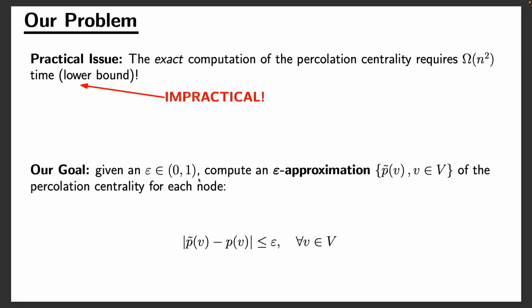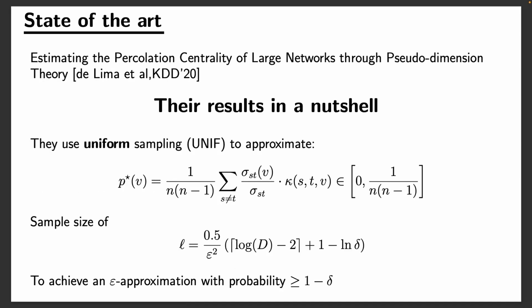Given an epsilon value between 0 and 1, which you can see as an accuracy parameter, we want to compute an epsilon approximation for each node in the network. An epsilon approximation of the percolation centrality is defined as a p tilde of v for each node v in the network, such that the error of the approximation is at most epsilon for each node in the network.